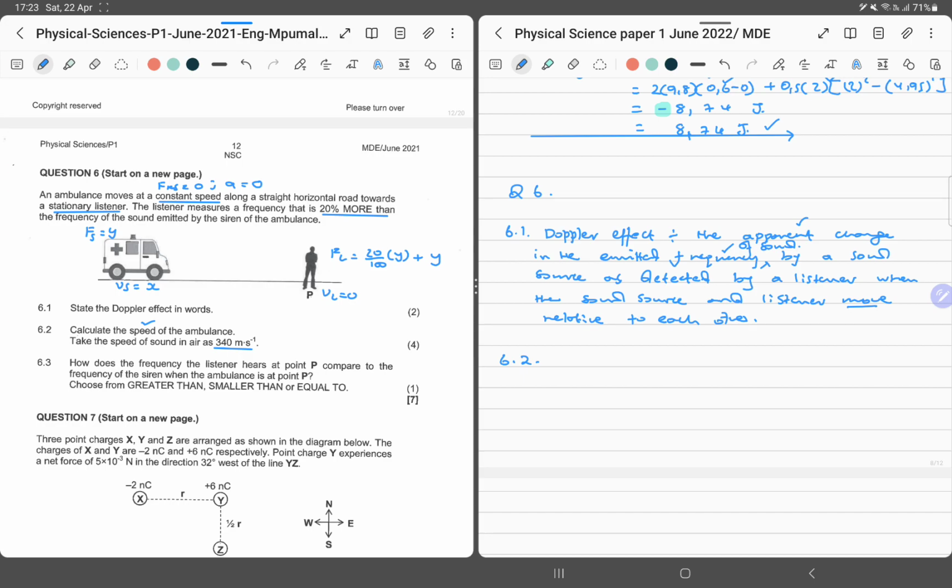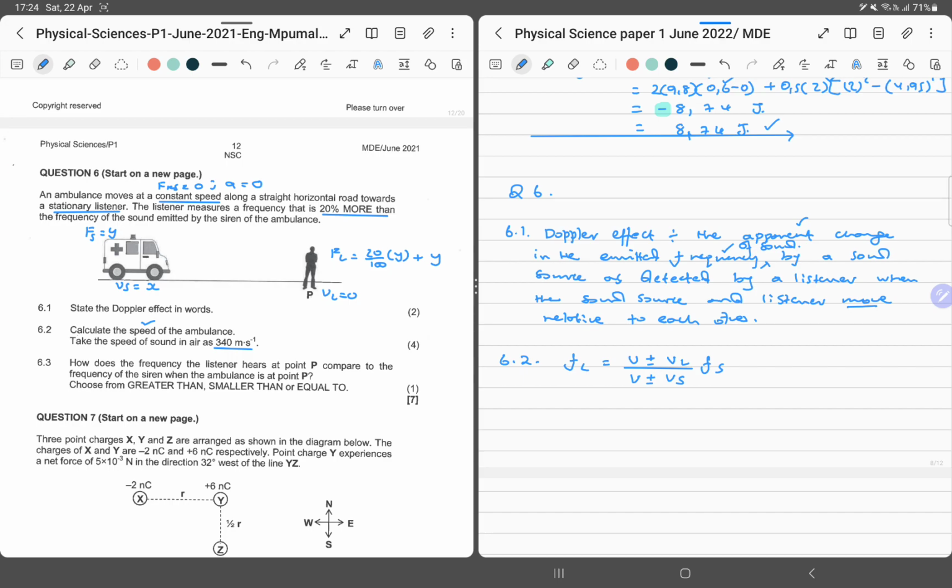So we need the Doppler effect equation. It says the frequency of the listener is equal to the velocity of sound in a particular medium, not necessarily air, plus or minus the velocity of the listener, divided by the velocity of sound in that medium plus or minus the velocity of the source, multiplied by the frequency of the source.